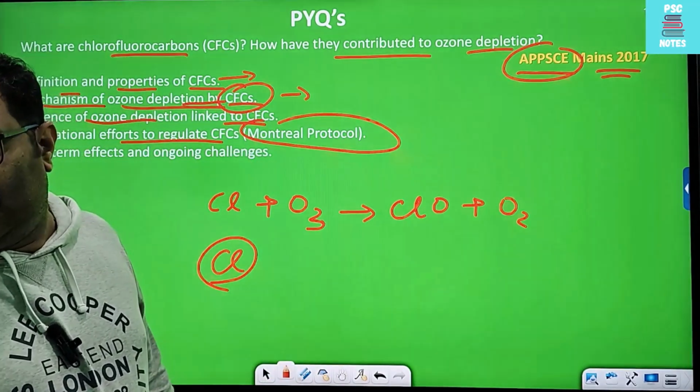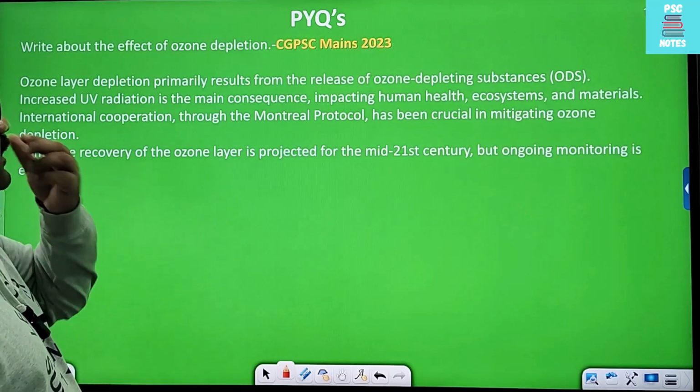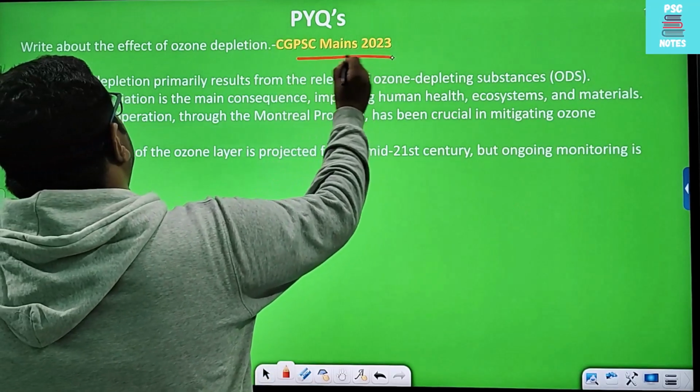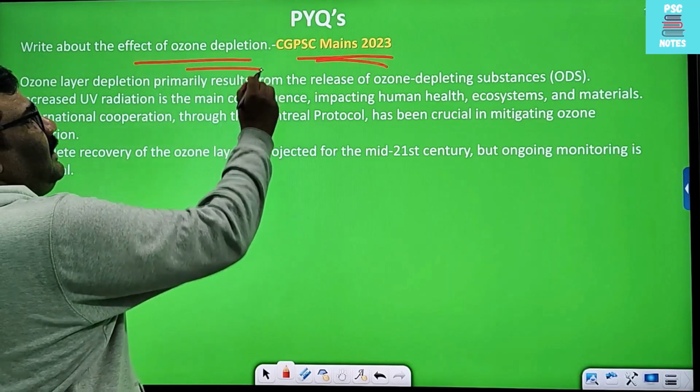So now we move to the next question, which was asked in the Chhattisgarh Mains. Write about the effects of ozone depletion.